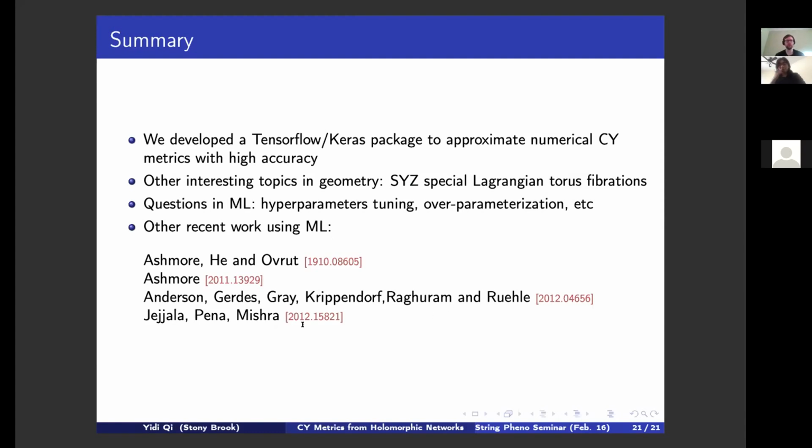In the same month, we put a paper on arXiv. I think this is a very interesting field, and there's a lot of potential in the applications of machine learning to the Calabi-Yau metric problem, and also in string theory and high energy theory in general. And I will stop here.